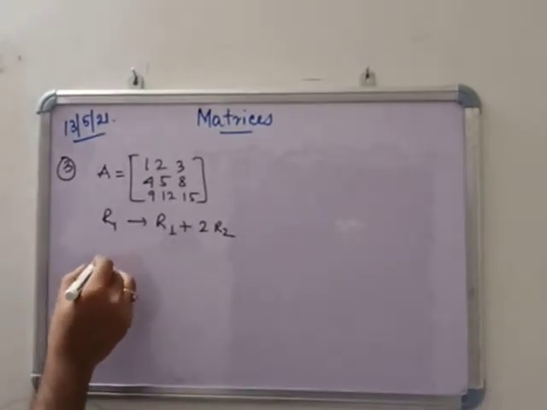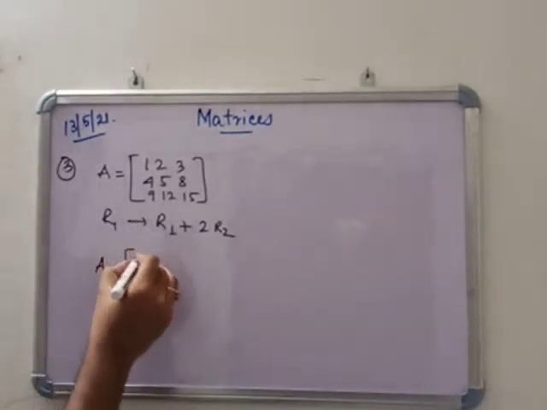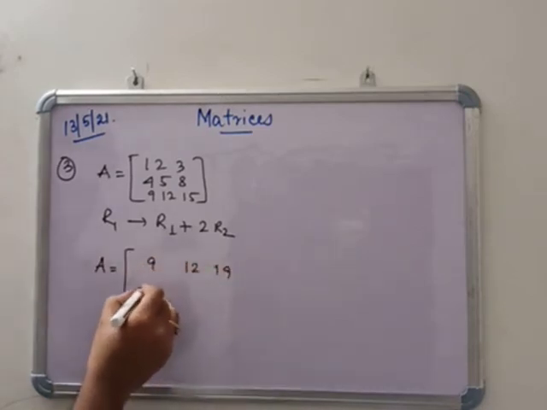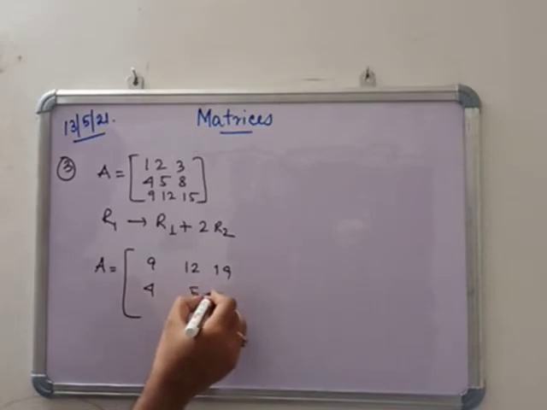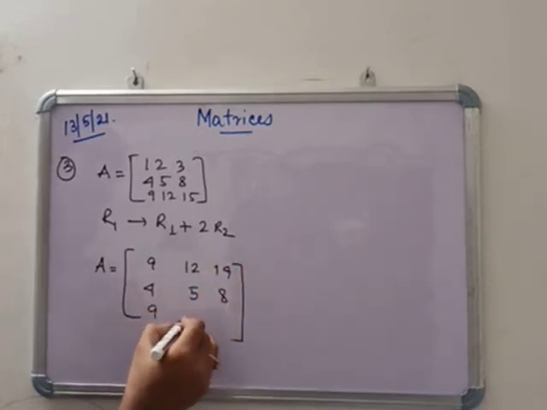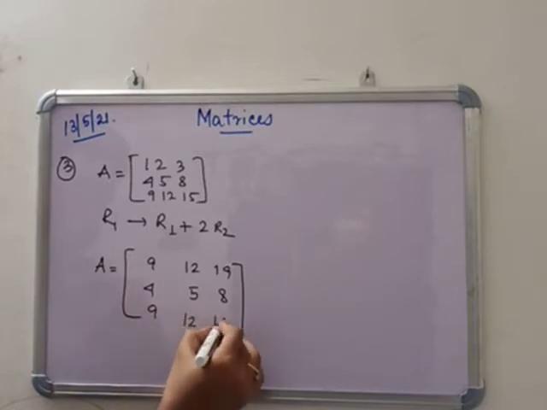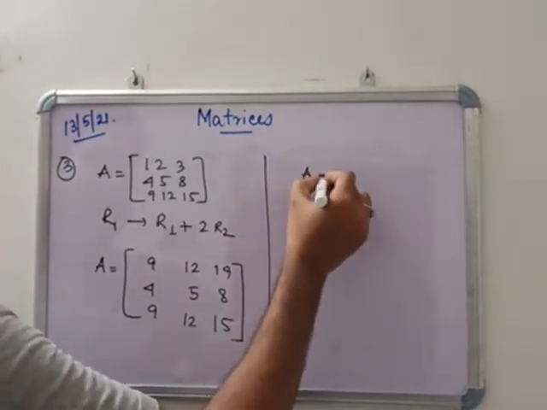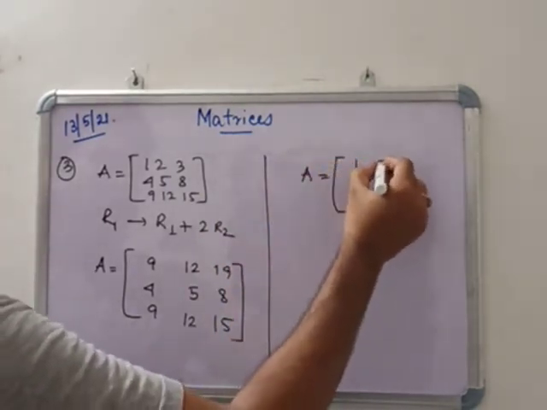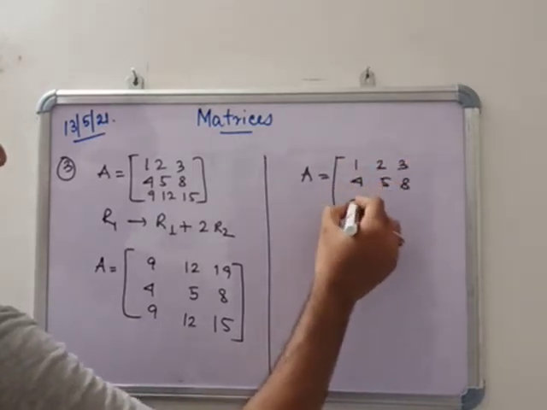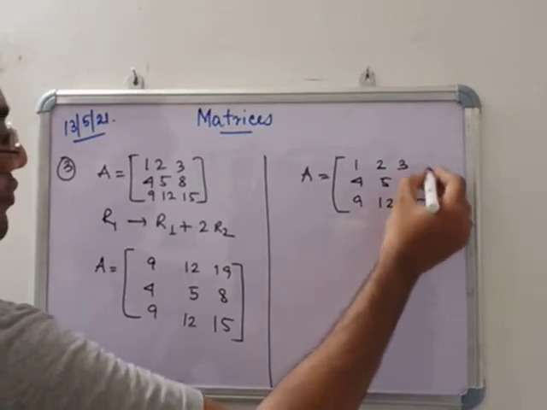So that means A equals to 9, 12, 19, 4, 5, 8, 9, 12, 15. Similarly, for column operation, A equals to the same matrix 1, 2, 3, 4, 5, 8, 9, 12, 15.